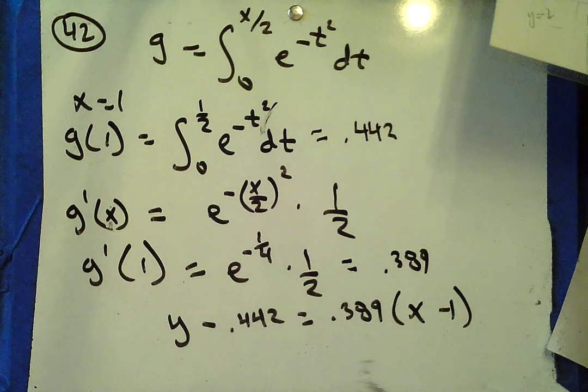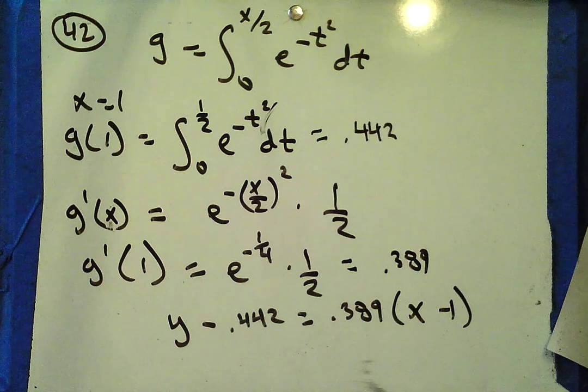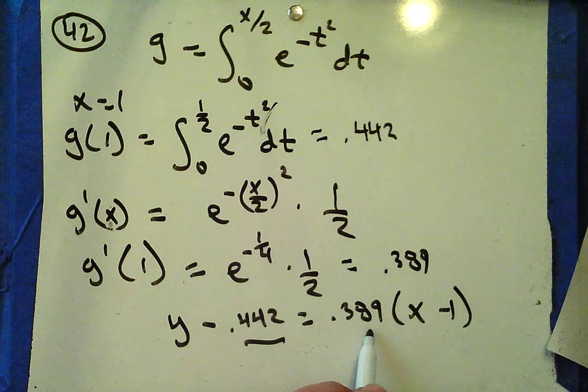Choice C for number 42. 42, choice C, because that's the only one that has our slope. Hey, look at that. Our y value is different. Do I care about that? Kinda. Because it makes me doubt this then.